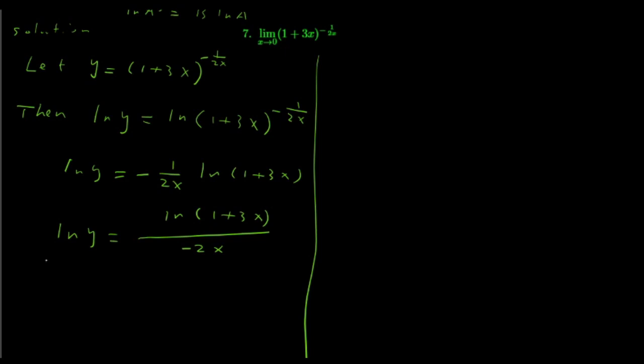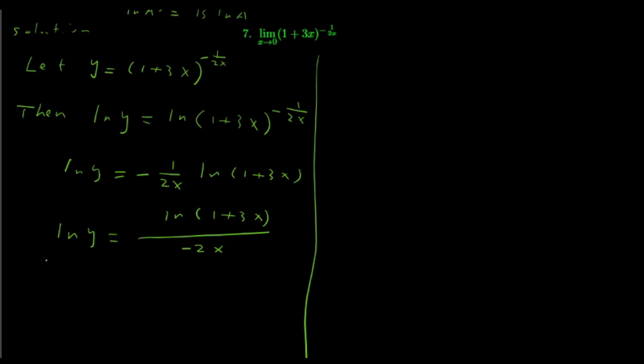The limit of natural log of y is actually the limit as x approaches 0 of, on the denominator you have negative 2x, on the numerator you have natural log of 1 plus 3x, right? So you end up with the limit of a quotient, right?